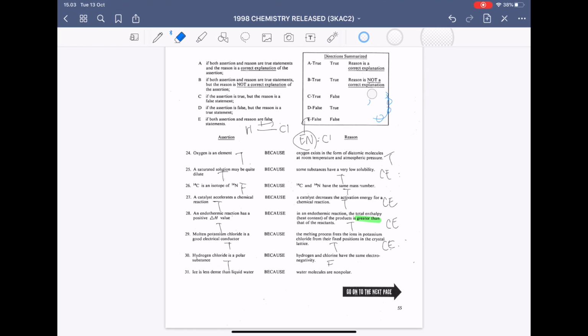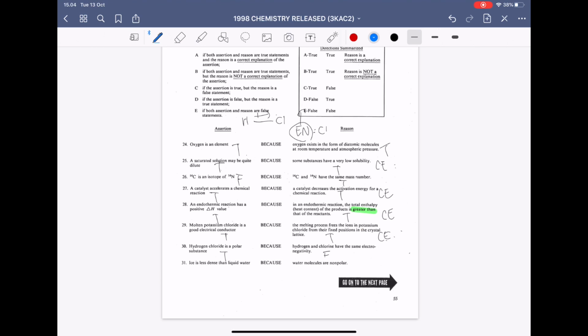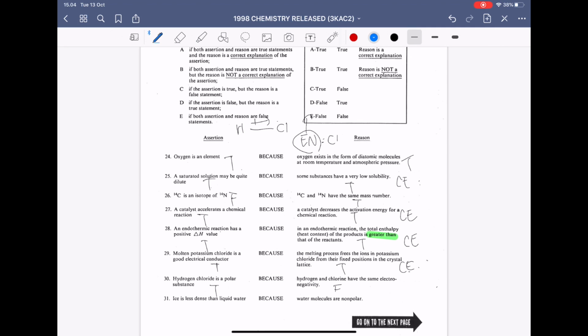So it is very electronegative. And in fact, all halogens, so fluorine, chlorine, bromine, and iodine, are electronegative. That's definitely true because chlorine is much more electronegative than hydrogen.